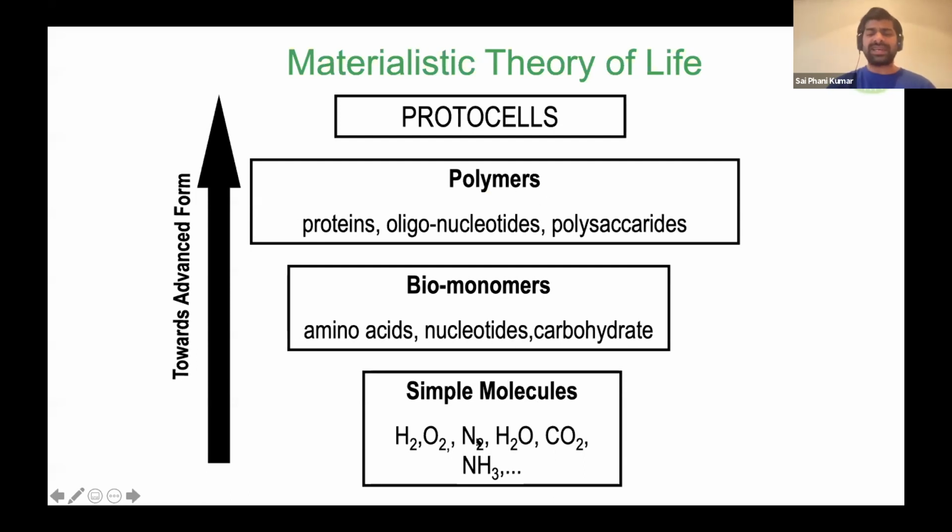You can start from the small molecules like hydrogen, oxygen, water, and carbon dioxide, and we can produce the biomonomers, amino acids, nucleotides, and carbohydrates, from which we can produce the biopolymers like proteins, oligonucleotides, polysaccharides, which are the building blocks of the protocell.